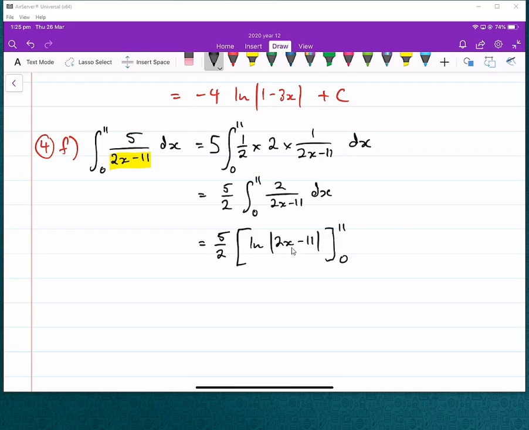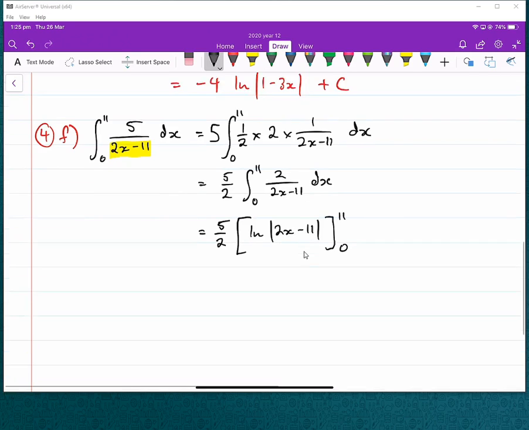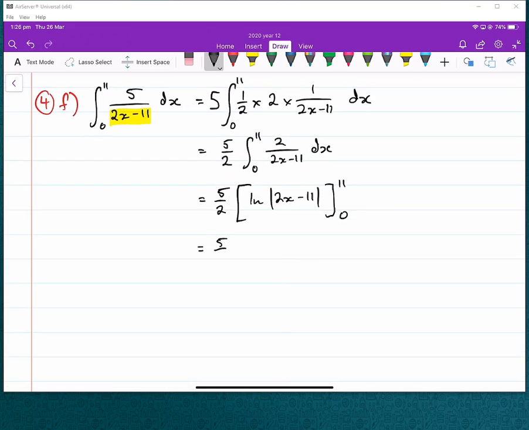I will sub 11 in, which is 22 minus 11, which is 11 there, so it's 5 over 2 by ln 11, minus, and I sub 0 in, which is going to give us 2 times 0 minus 11, and then it's going to give us the absolute value of our negative 11, which is also ln 11.